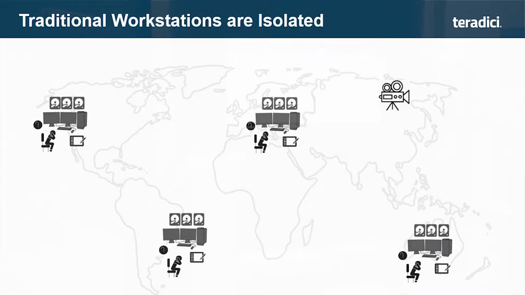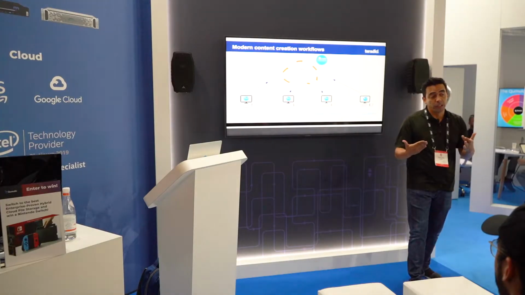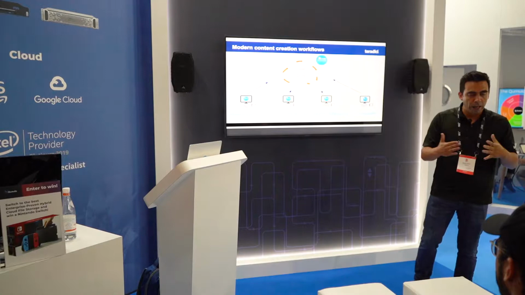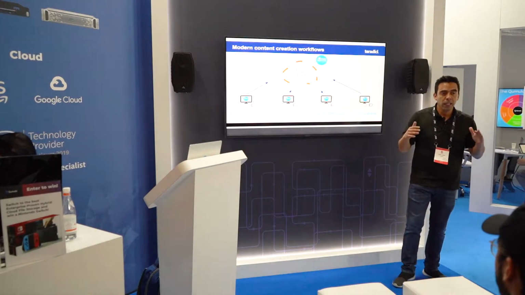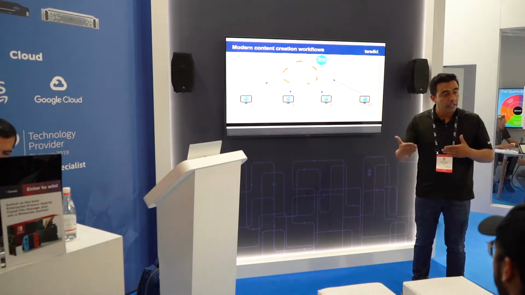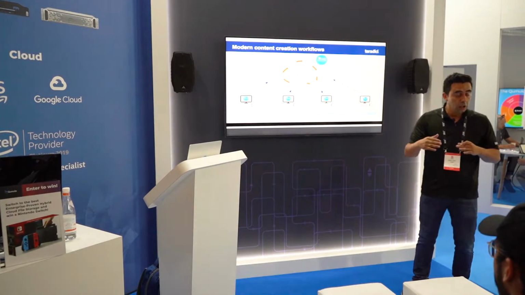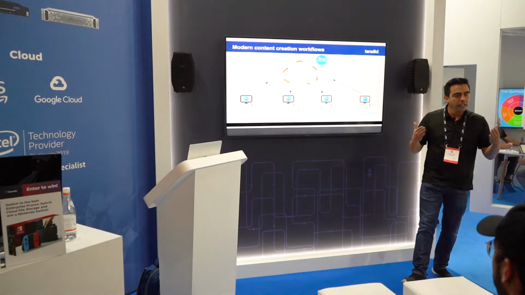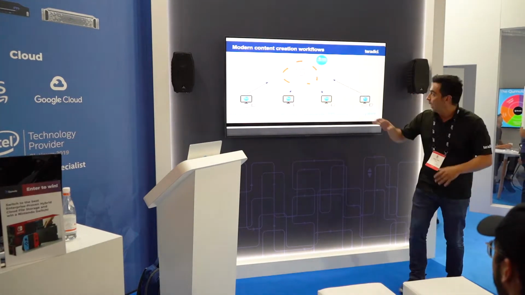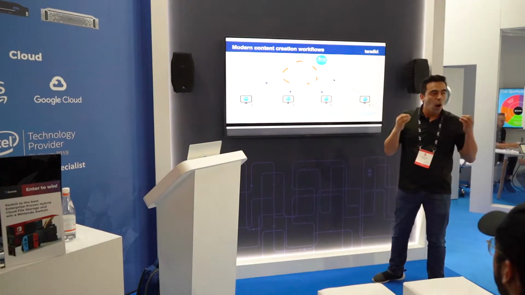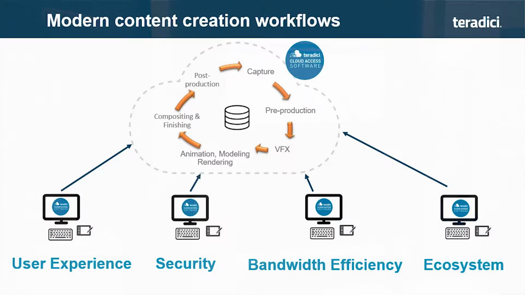A couple of weeks ago, MovieLabs, which is a non-profit organization created by all the studios in Hollywood, launched a white paper announcing how content creation should be in the future. Based on those principles, all the content should be created in just one centralized cloud, and all the assets should be ingested over there right away.